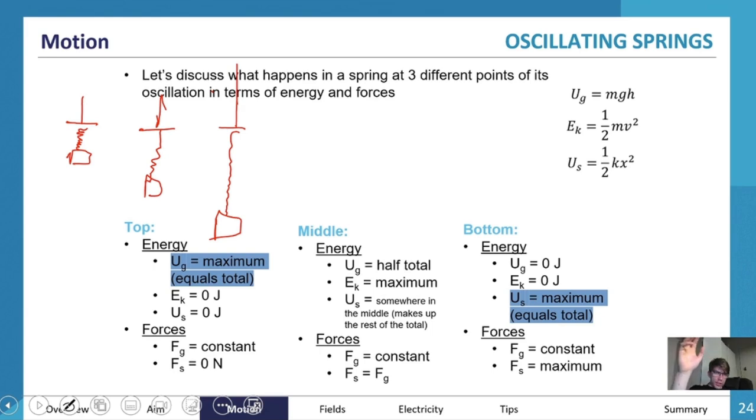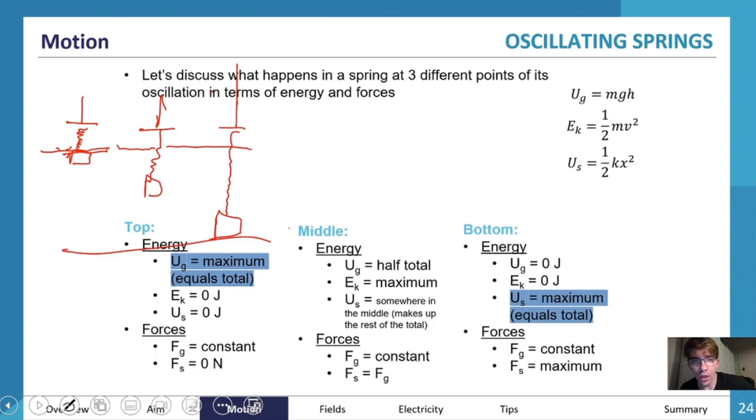So the idea is, at the beginning, where the spring is at its resting length, there's only gravitational potential, and assume the end here, at position number 3, the spring is touching the ground.